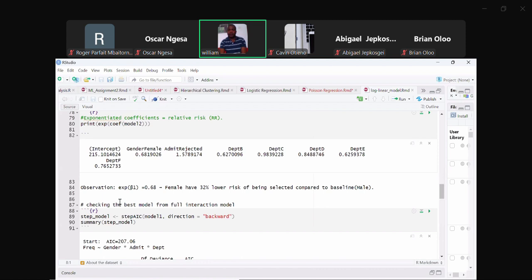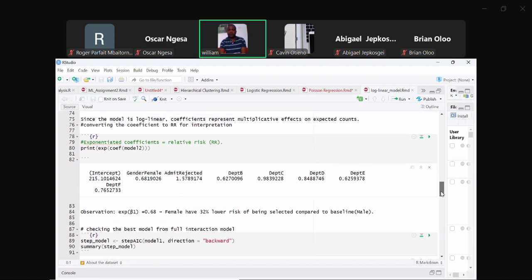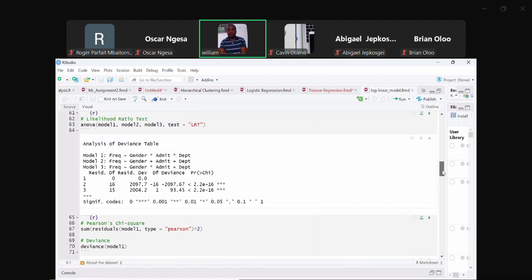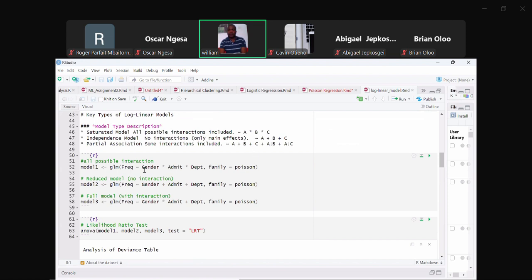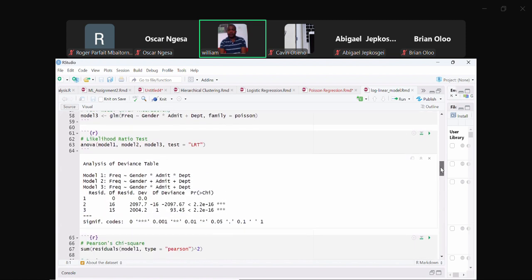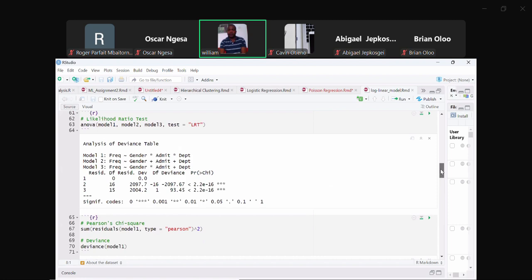Like for example, if we say beta 1, which is 0.68, this one, gender female. Now remember, I also wanted to ask the question. Here I tried without putting anything like factor, but surprisingly, it gave us the same result, even if you're using factor.